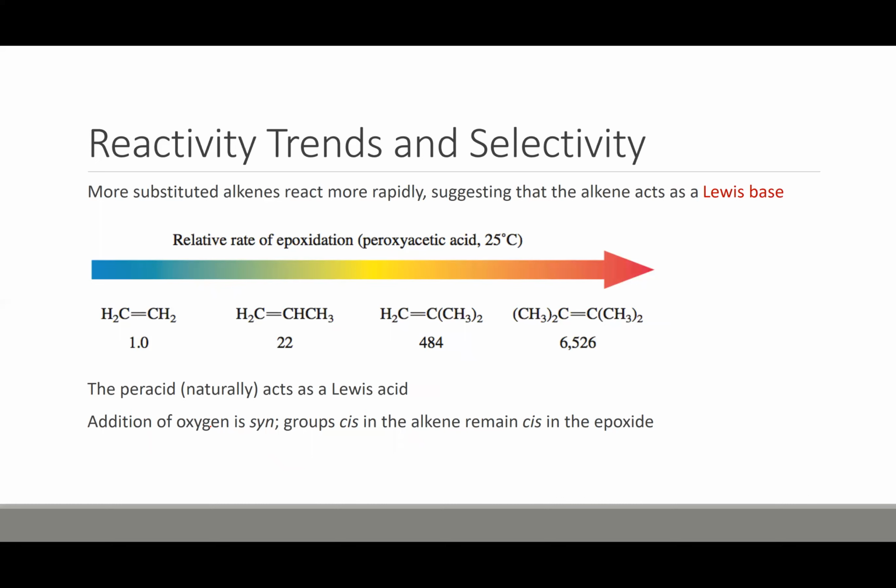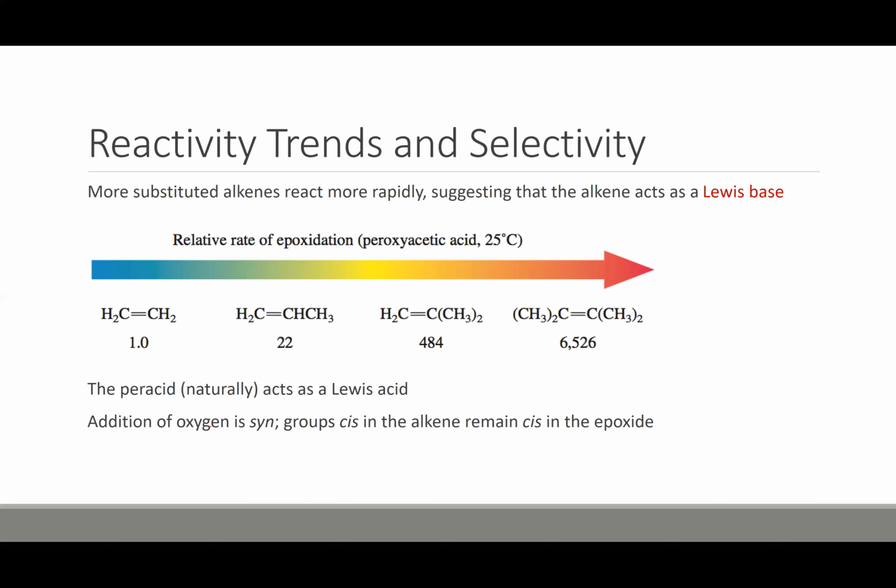For epoxidation, the same trends that we've been seeing hold true in that more substituted alkenes react more rapidly. So the alkene acts as a Lewis base, and this is true for also our addition reactions that we've been looking at. That means that the per acid or peroxy acid naturally, as you might guess, acts as a Lewis acid in this reaction.